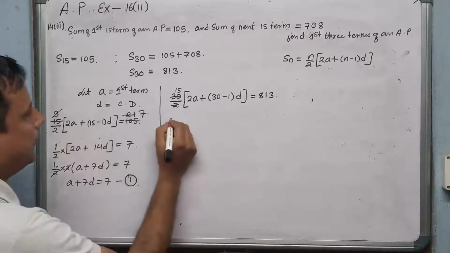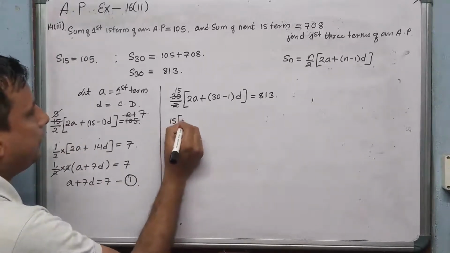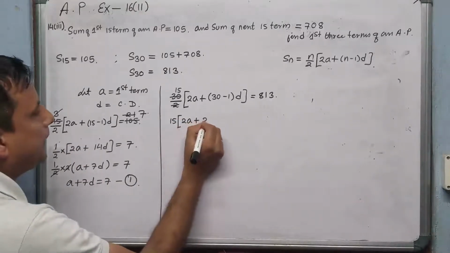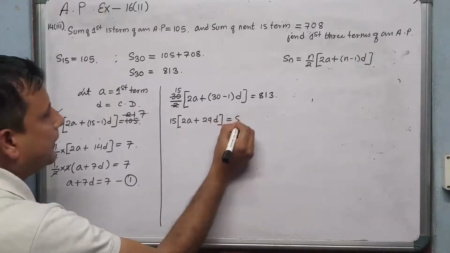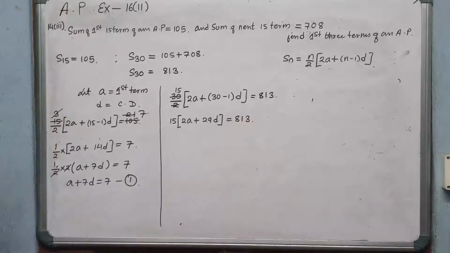Now this one will be 15 into (2a plus 29d) is equal to 830. But these equations are very complicated. Something is wrong.